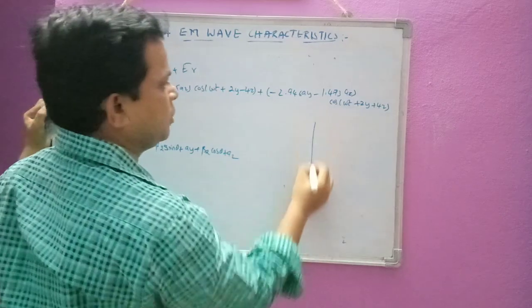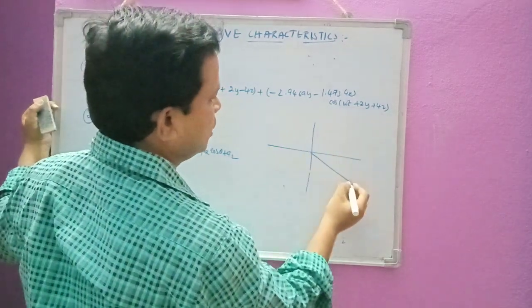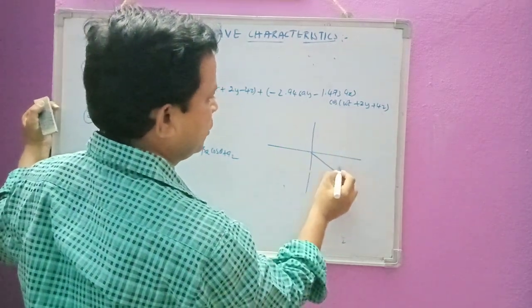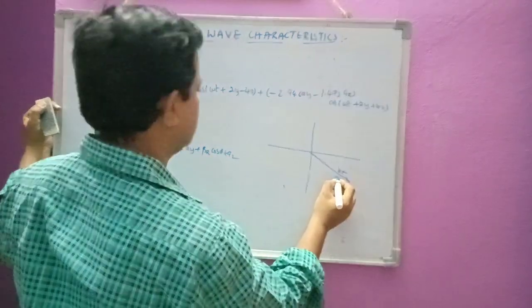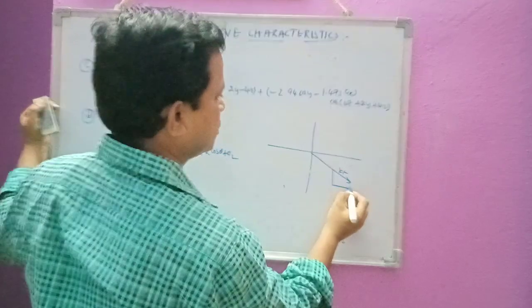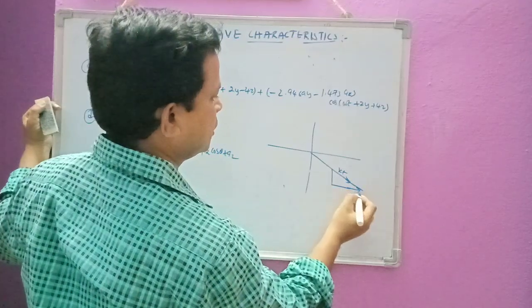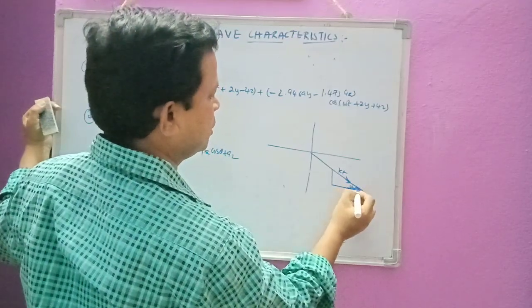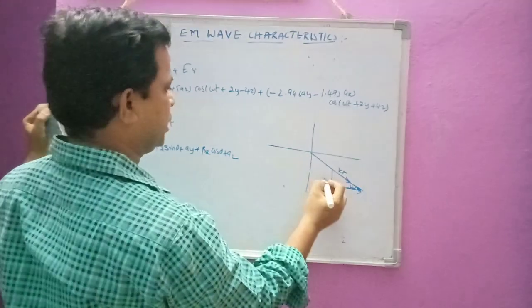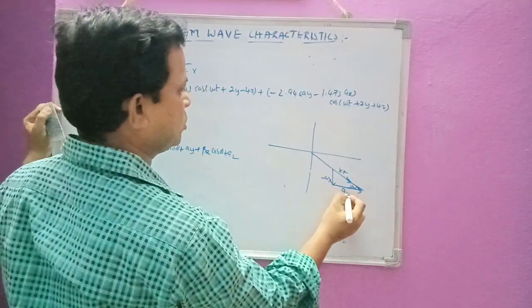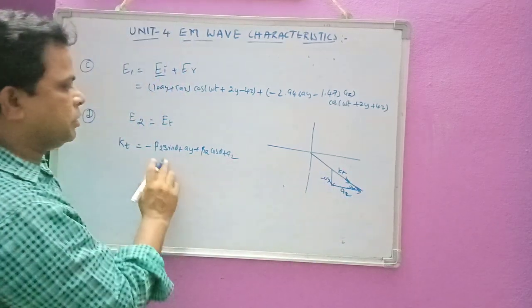We have seen this diagram like this. This is the KT vector, with the sine and cosine components, and this is theta t here. This is the negative direction, and this is the positive z direction.